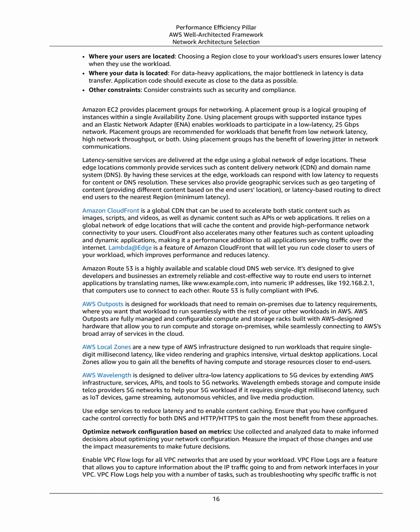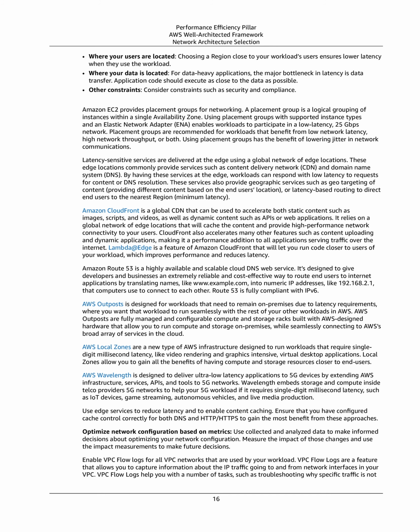AWS local zones are a new type of AWS infrastructure designed to run workloads that require single-digit millisecond latency, like video rendering and graphics-intensive, virtual desktop applications. Local zones allow you to gain all the benefits of having compute and storage resources closer to end users.